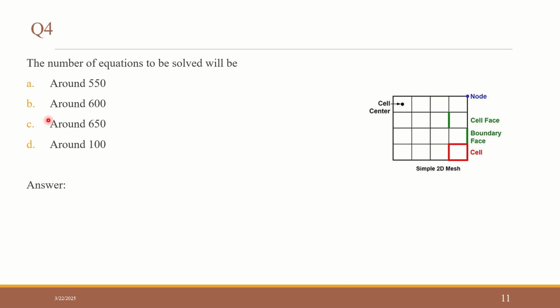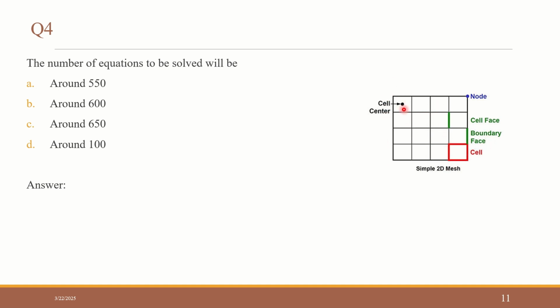Here the mesh is divided into 4 cells in the x direction and 4 cells in the y direction. So we have 5 nodes in the x direction and 5 nodes in the y direction. The boundary nodes need to be excluded. We need to get only the interior ones.